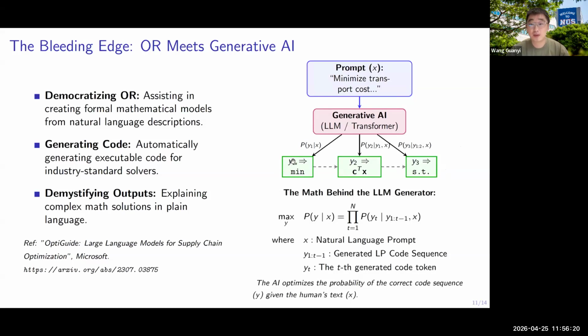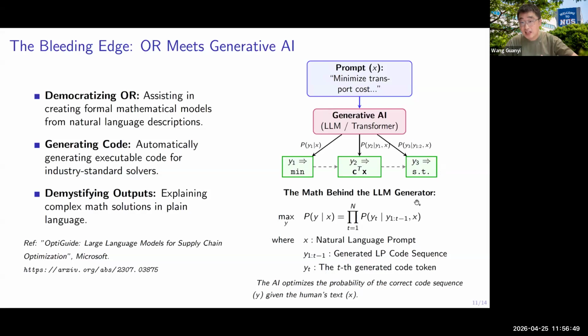But how does it do that? If you split the output linear program into several components, let's say we use y1 to denote the word minimization, y2 to denote the objective function, and y3 to denote the words subject to.